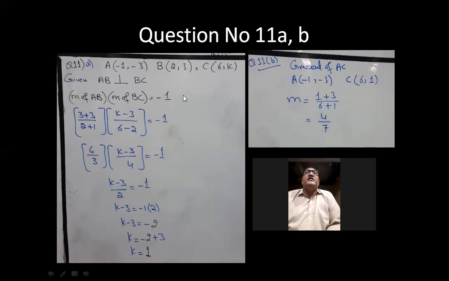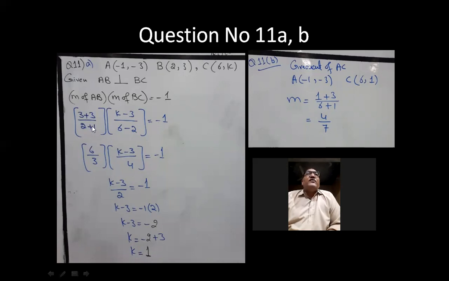You know, the gradient is equal to y2 minus y1 divided by x2 minus x1. So you will have for AB, 3 minus -3, that becomes 3 plus 3, divided by 2 minus -1, so it becomes 2 plus 1. In the same way, BC will be K minus 3 divided by 6 minus 2, and equals -1.